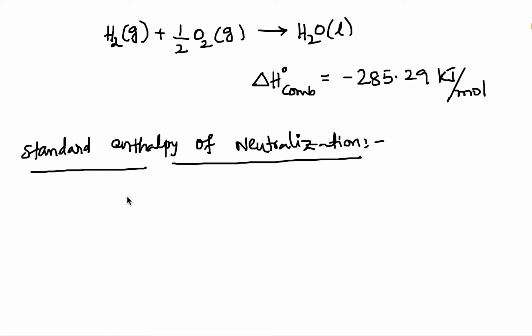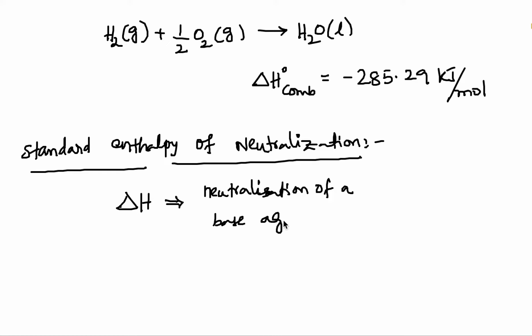So what is this? This is the enthalpy change associated. We can say this with respect to base and with respect to acid. Therefore, enthalpy change associated with the neutralization of a base against acids.